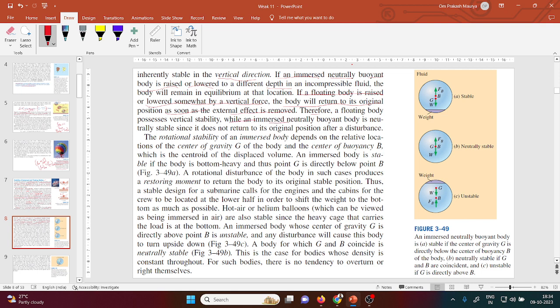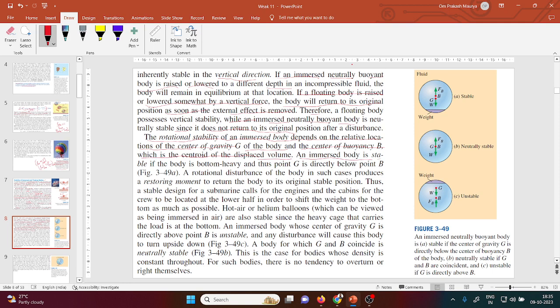While an immersed neutrally buoyant body is neutrally stable since it does not return to the initial or original position after a disturbance. The rotational stability of an immersed body depends on the relative locations of the center of gravity G of the body and the center of buoyancy B, which is the centroid of the displaced volume.